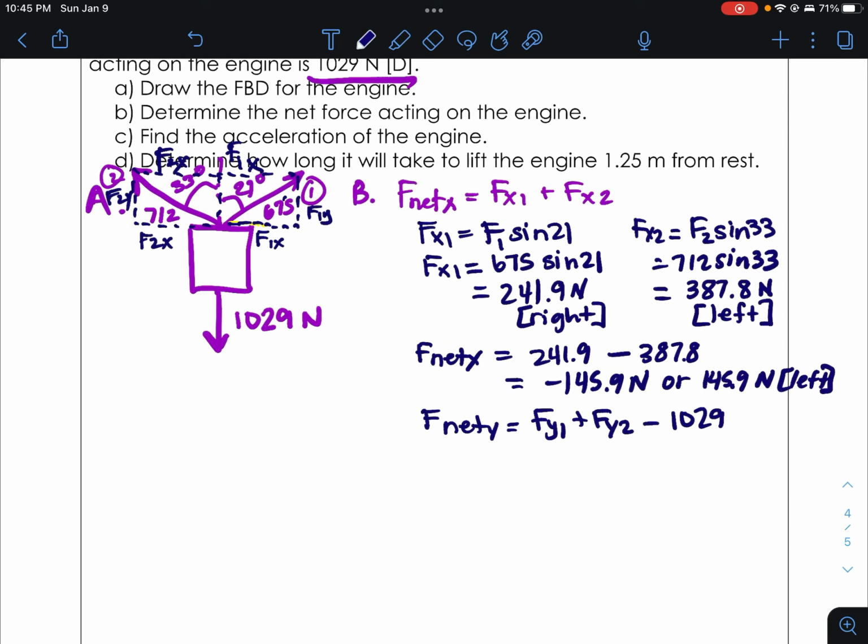And that's also because this is y right here, and it's adjacent. So Fy1 equals F1 cosine 21, and Fy2 equals F2 cosine 33.